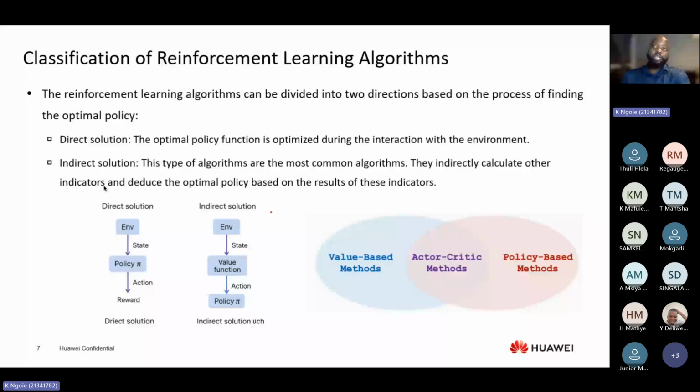With the direct solution, we look at the state from the environment, directly read the policy, and then take an action that will give us a reward. Or the indirect solution: from the environment, we get the state where we are, but now we set certain values that we are trying to achieve, and then we take an action, and then we learn a policy. So a policy is learned from the action.